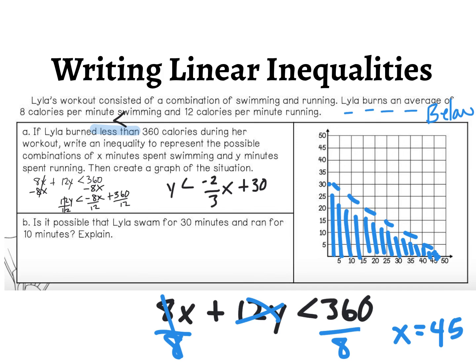So, is it possible that Layla swam for 30 minutes and ran for 10 minutes? Now, the x-axis represents swimming. So, if we go to 30 for swimming, is it possible she goes 30 swimming and ran for 10 minutes? So I find that ordered pair.